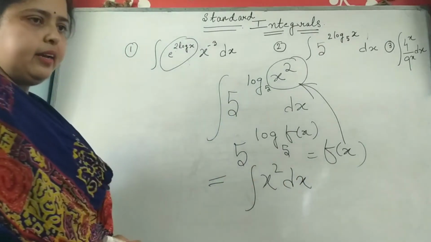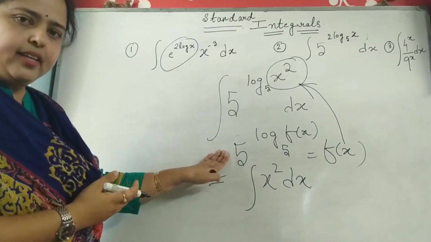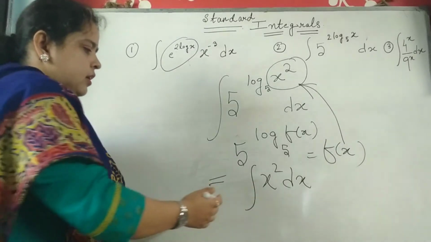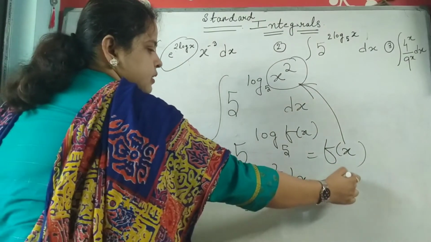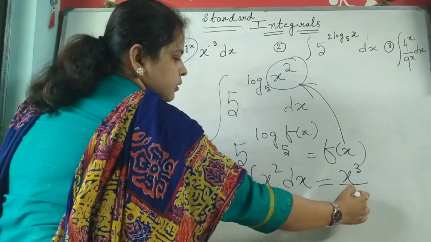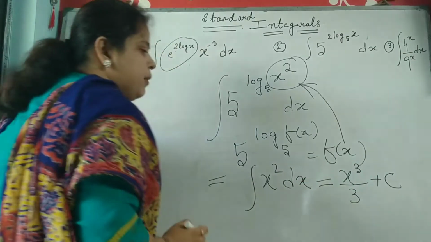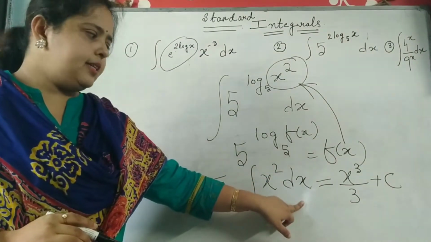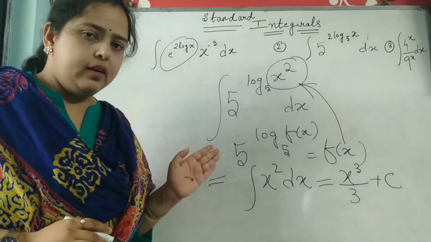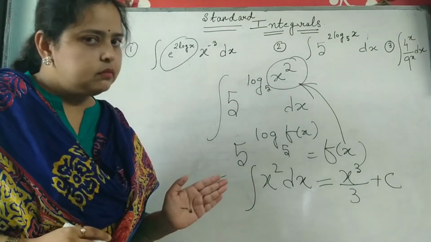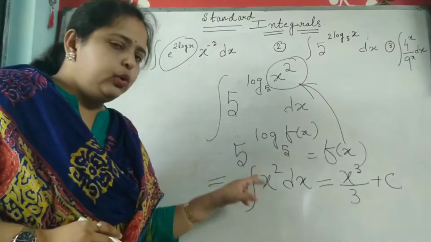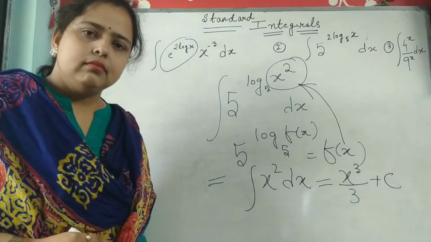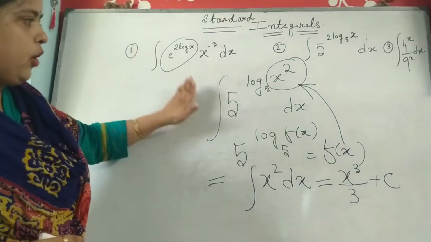And the reason behind it, the one you will be writing here, is the formula. Okay, so now the integration of x squared dx, as per the formula we have studied, integral of x to the power of n dx is x to the power of n plus 1 by n plus 1. So here 2 plus 1 by 2 plus 1. So I hope it is clear.